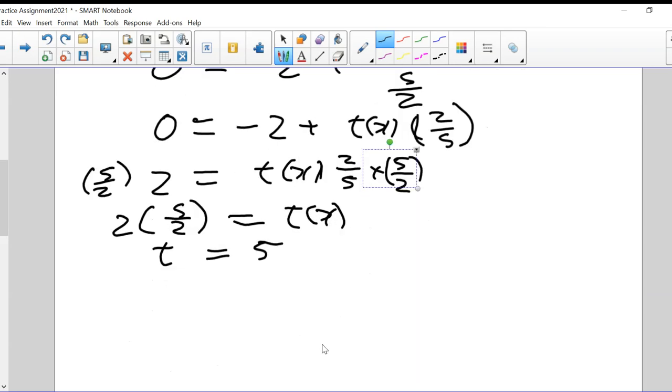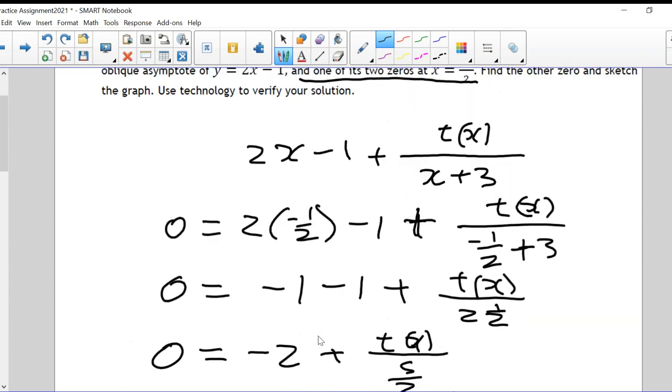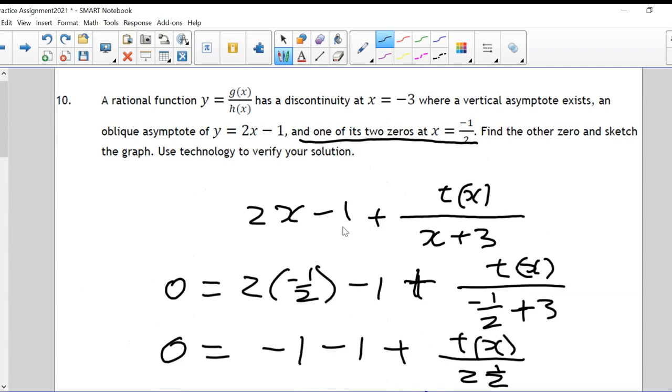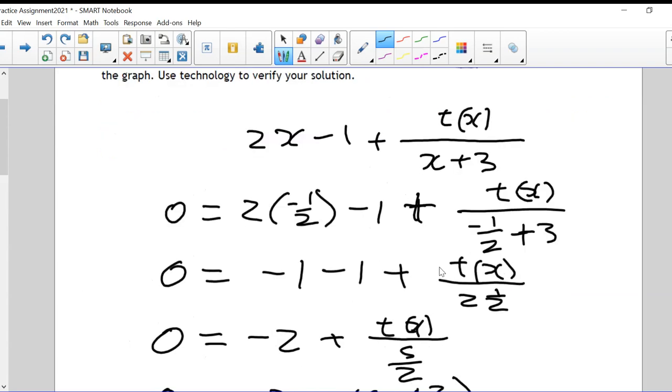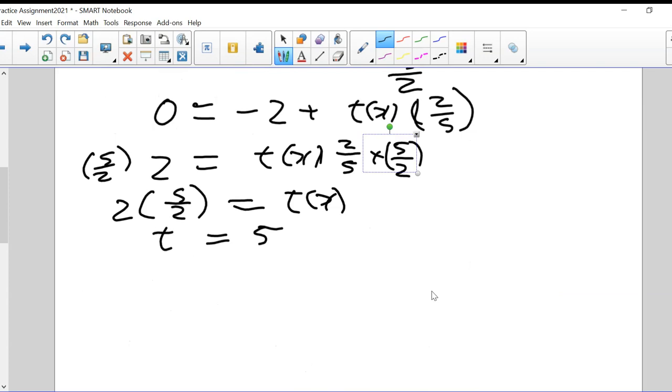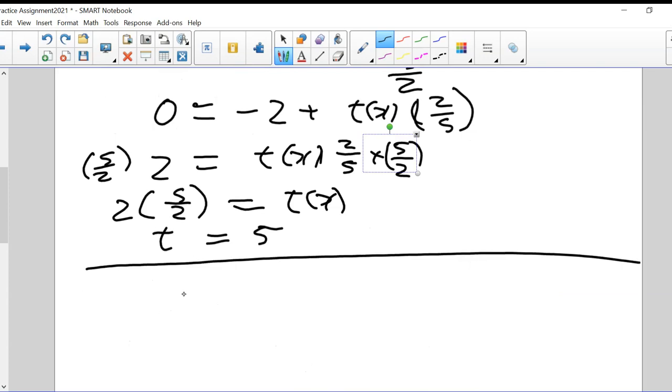So here's what we have then, folks. This looks like we have part of this thing figured out. 2x minus 1 plus 5 over x plus 3. I'm going to write that down. So far, our function that we're working with here is 2x minus 1 plus positive 5 over x plus 3.